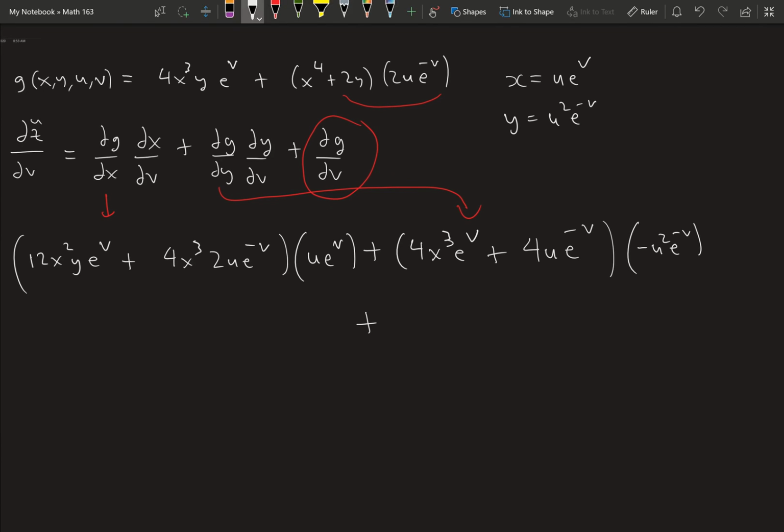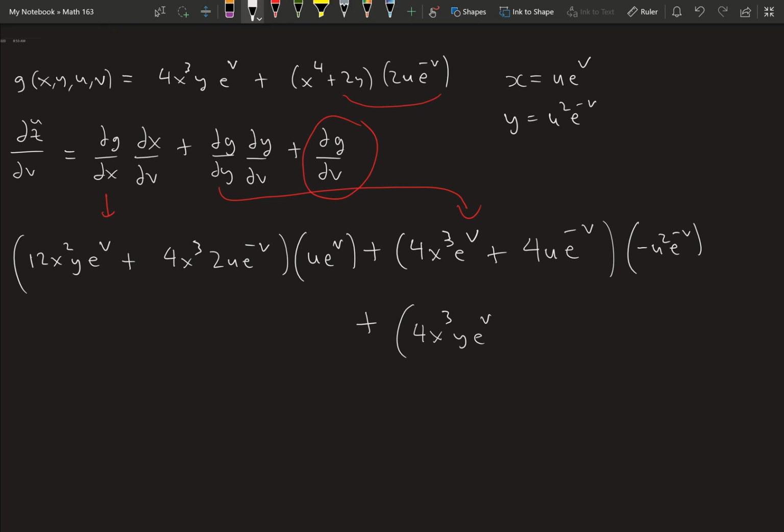And ∂g/∂v is 4x³y e^v, because the derivative of e^v is e^v, and 4x³y is a constant as compared to when we're taking the derivative strictly in the v direction, plus, it becomes a minus here.